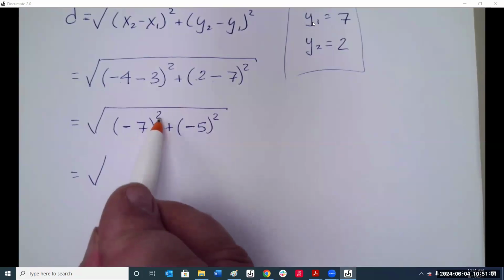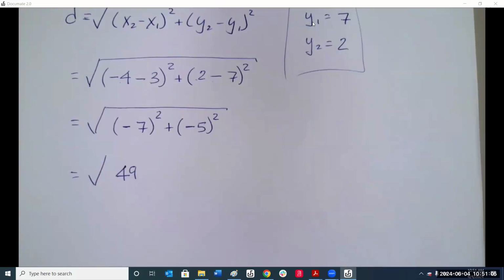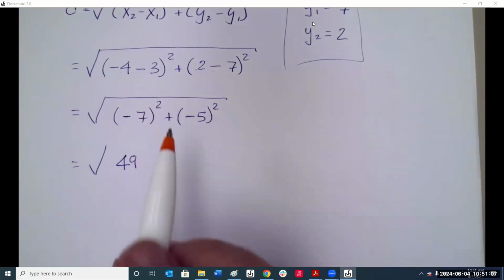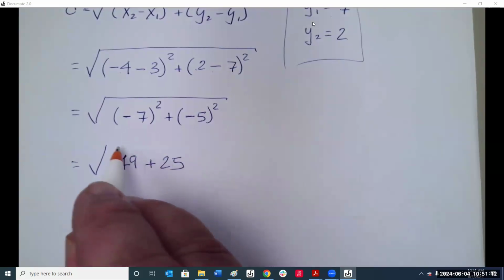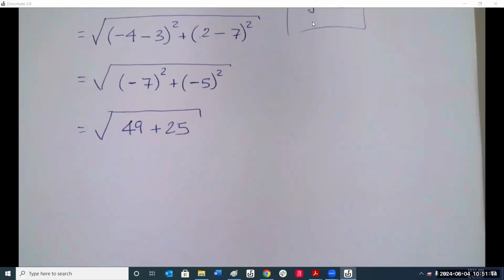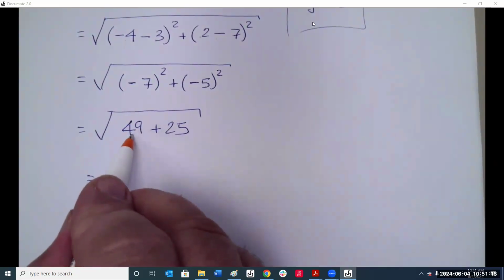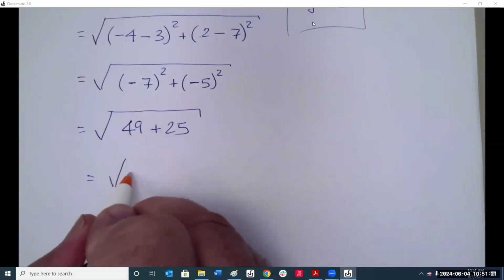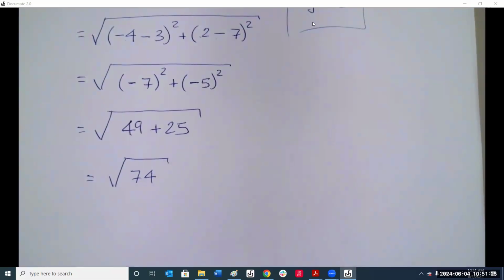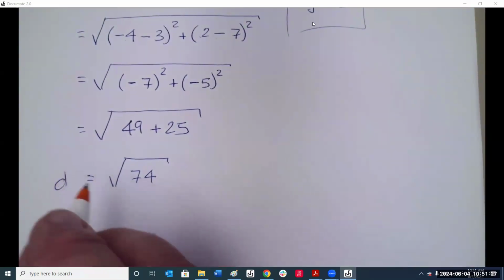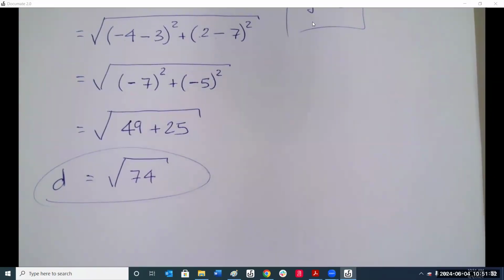So -7 times -7 is positive 49. 7 squared is 49. 5 squared is 25. 49 plus 25 is 74. And that's your answer. That's the distance.